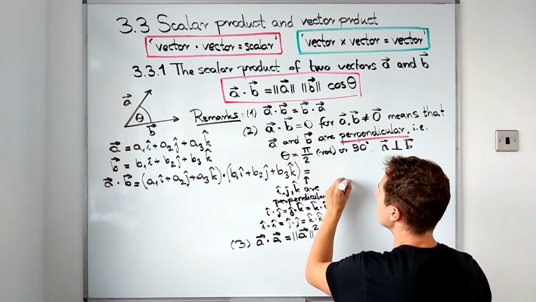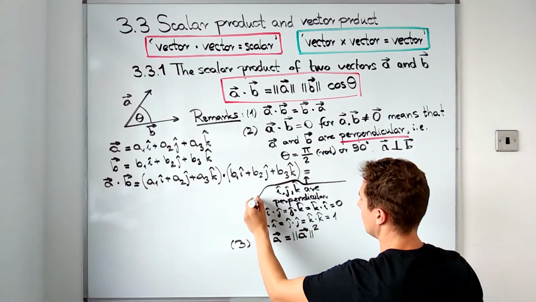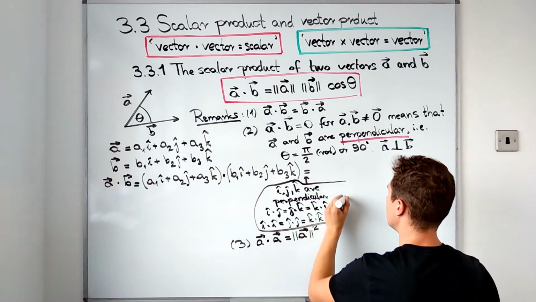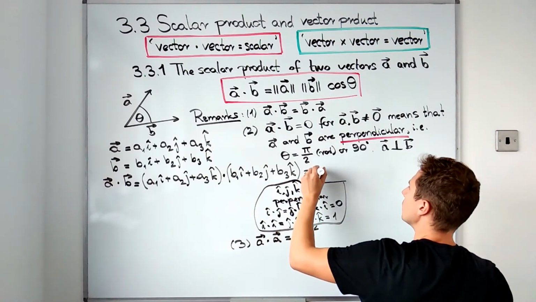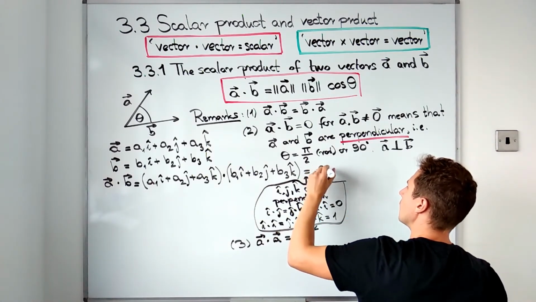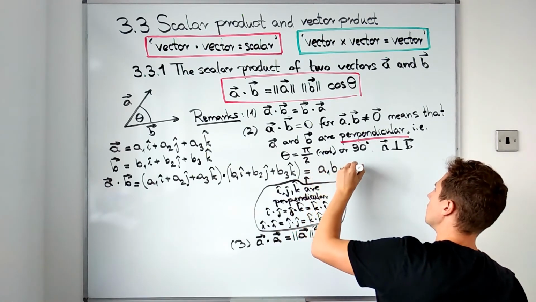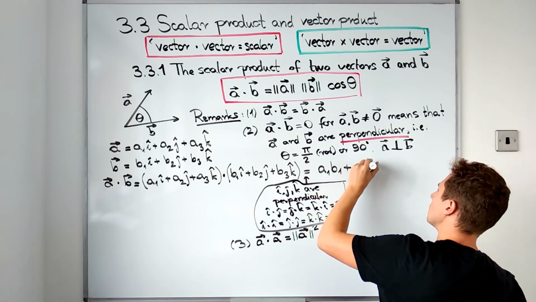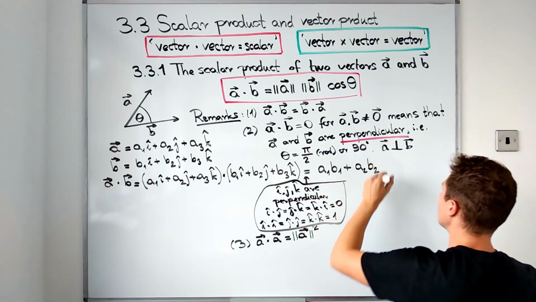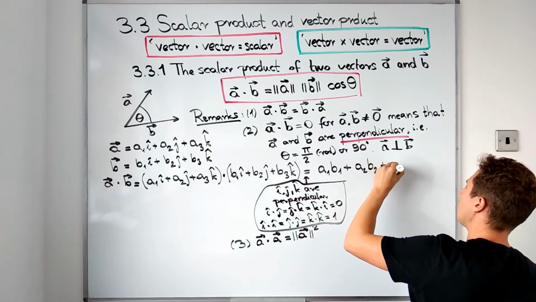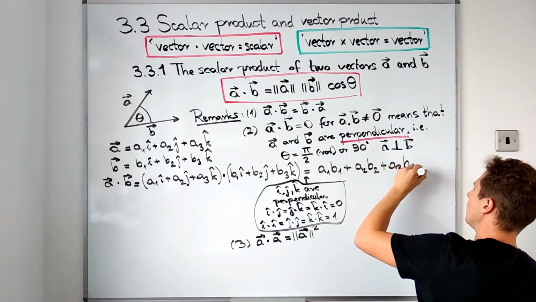Okay, so by using these properties, what we get is a1 times b1 plus a2 times b2 plus a3 times b3.